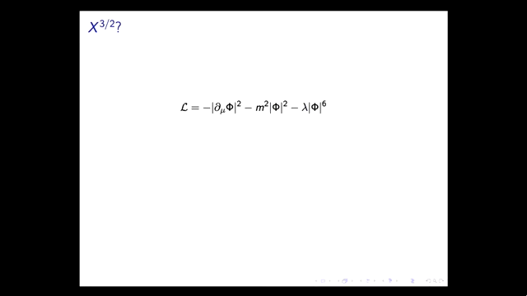To see this, let's consider a simple system of massive complex scalar fields that have 3-to-3 interaction as the dominant interaction. First of all, you would ask, can I really have a system with 3-to-3 interactions without 2-to-2 interactions?